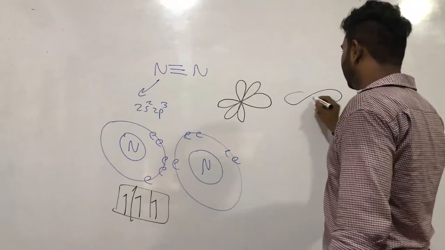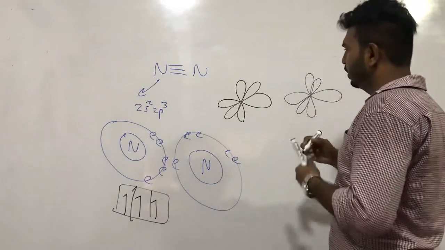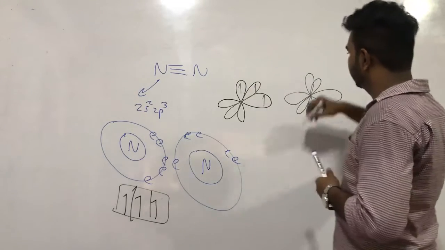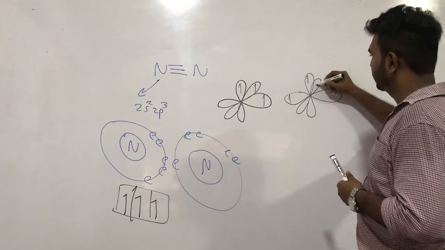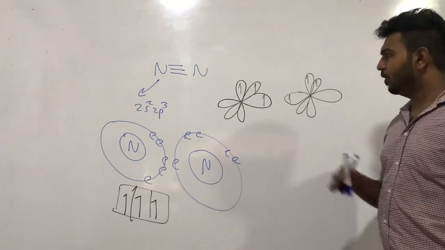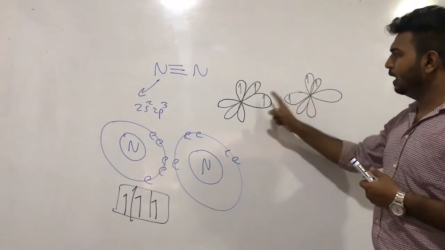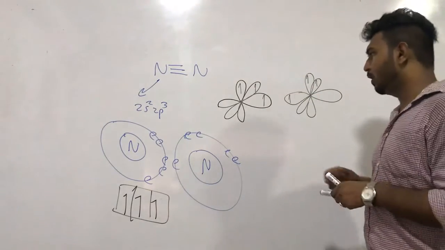Now there is another orbital of the other nitrogen atom, which also has unpaired electrons. If we try to overlap these, we can overlap only 1 orbital here.